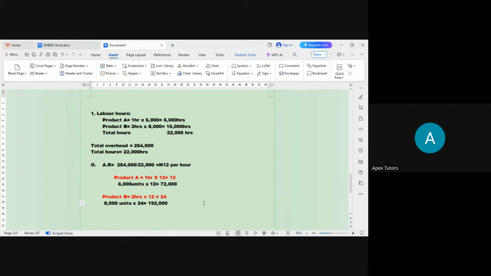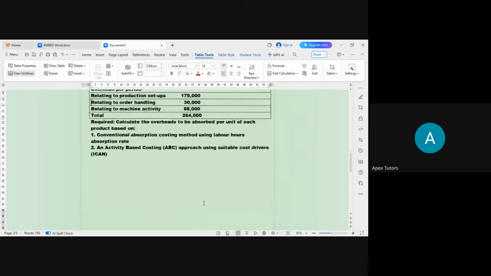So using the activity-based costing approach, using the ABC approach, we're going to look at our cost drivers now. Using this approach, though it's not stated, we're going to use the machine hour in this case.